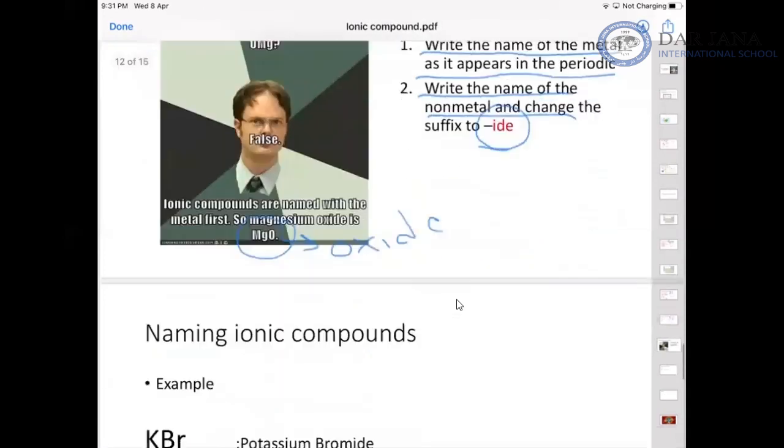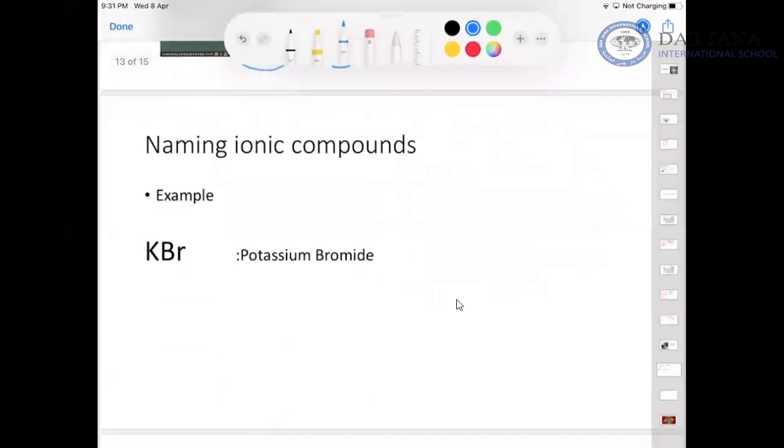Let's take an example. I have here KBr. K is the metal. You write its name the way it appears in the periodic table. K is potassium, so you just write potassium. Now the Br, if you check the periodic table, Br is bromine.